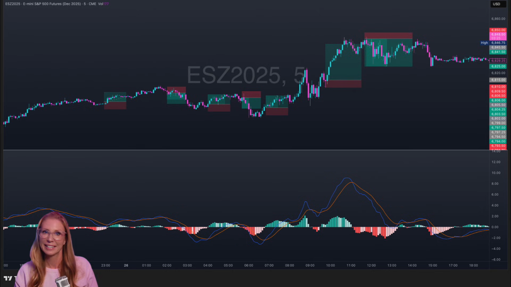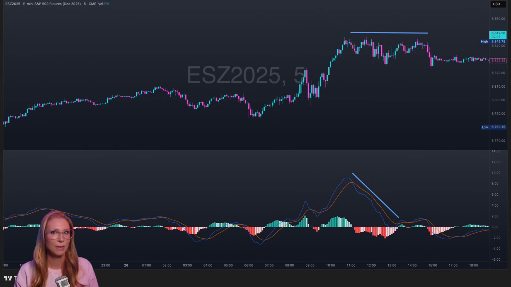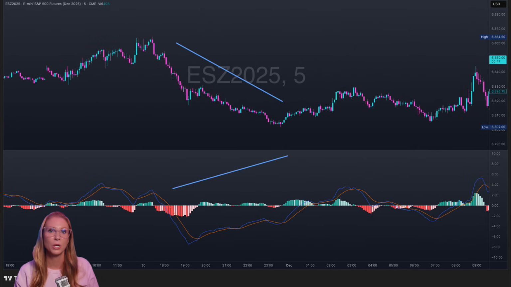Pretty handy, right? It can also show us divergences. So think of this as kind of a little bonus play. But if we see price moving in one direction, but the MACD moving in another, that's a warning sign. We really need to pay attention. When a chart is oversold and we see a bullish divergence, that can give us an entry.